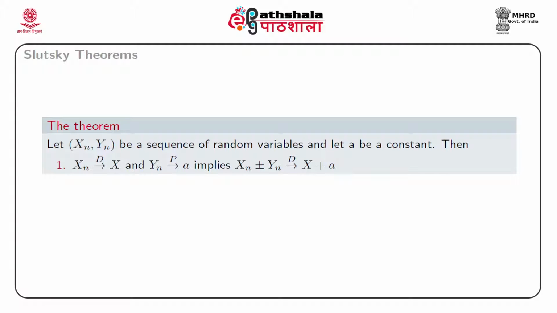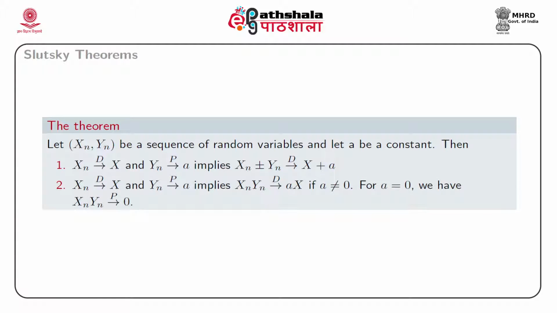The next part relates to the convergence of a product of random variables. Suppose Xn converges in distribution to X and Yn converges in probability to a, then the product XnYn converges in distribution to aX, provided a is non-zero.